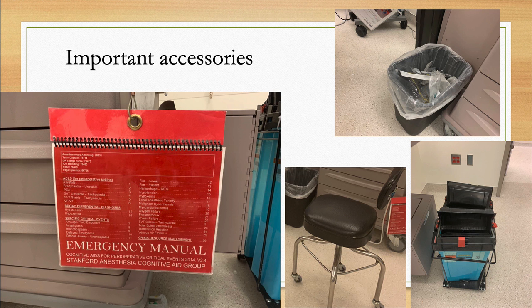Last but not least, a couple important accessories. The first of which is, I'm often surprised about how many people do not know about the Stanford Emergency Manual. This is an exceptional manual put together by outstanding physicians at Stanford University that goes over a variety of different intraoperative critical events.